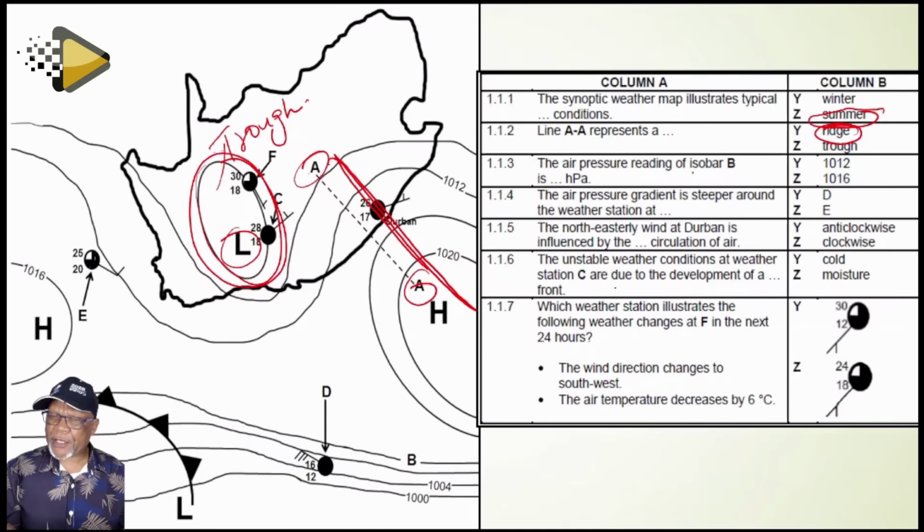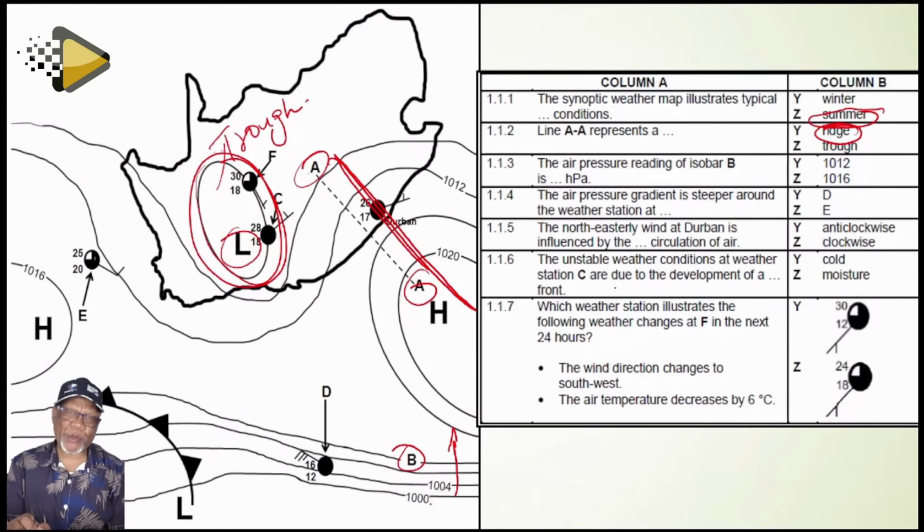The air pressure reading of isobar B is, now you have to look at isobar B. Here is our isobar B. What is the air pressure at B? Now look at the trend. It shows here that the pressure is increasing when you go towards that H. But now let's look at the isobaric interval.